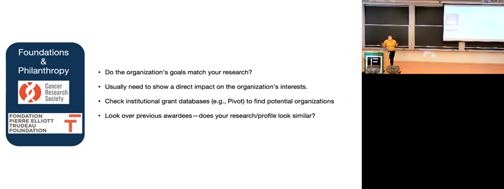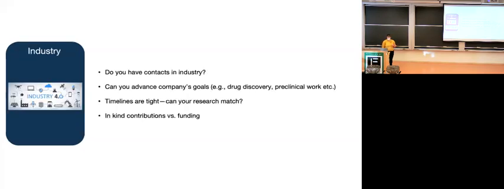It's like a grants database. Your institution or your institutional research officer will have all of this information. Ask them. And also look over grants from people who have already been awarded grants from them. Does your research profile fit the people who have been funded? Can you get a grant from them to read? That helps when you're writing grants.